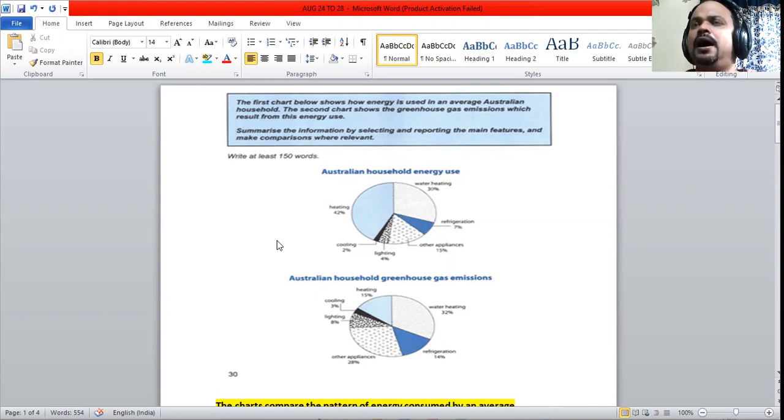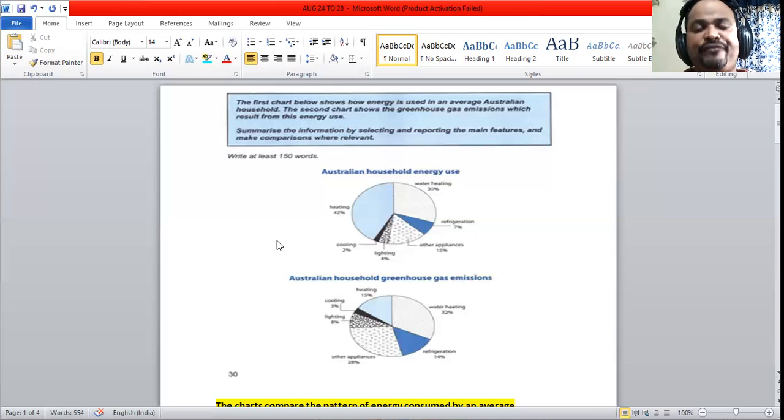So it is better to state these things separately: household energy use you state in one paragraph, greenhouse gas emissions you state in another paragraph. This is the best way, the safe side.